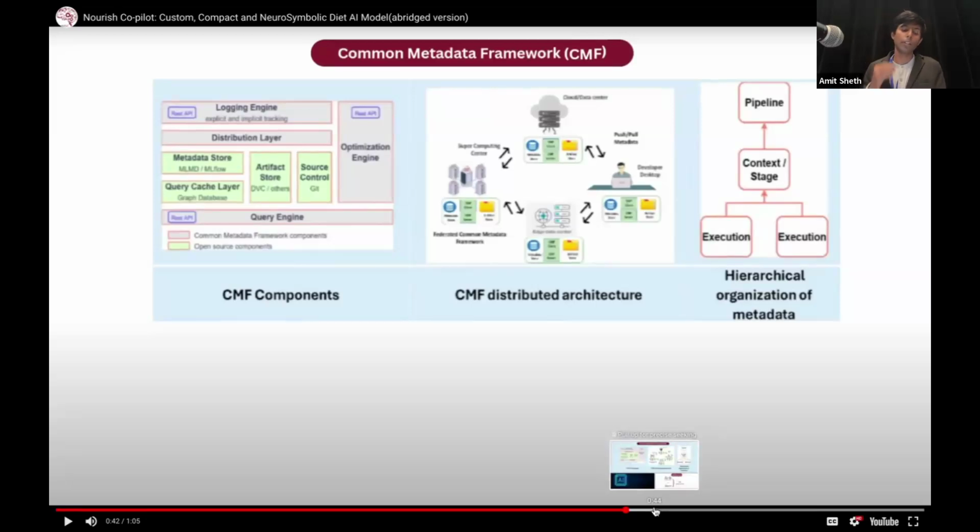So we are drawing inspiration from a framework known as the Common Metadata Framework. The reason for doing this versus MLflow is MLflow is a model-centric pipeline design, and Common Metadata Framework is, on the other hand, a process-centric pipeline design. So the advantage that gives you is you can say that I have this high-level description of a process, like I need this MTSS setup versus I need a nutrition setup, and now give me the ability to build a neurosymbolic customized compact model.